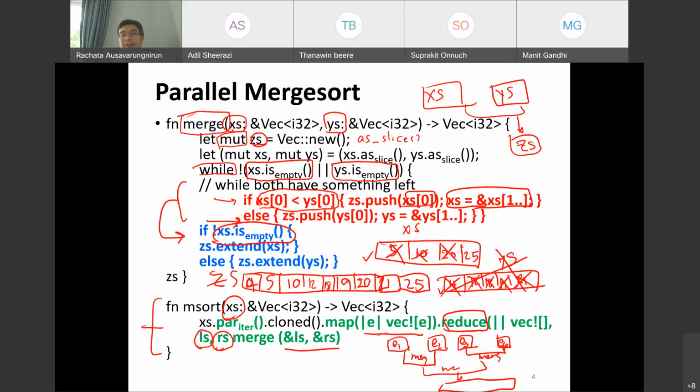And that's it. Basically, this is how you can divide the whole vector into two halves until you get each single element, right? And then for each of these elements, you do the reduce function to merge it back. And that's all.